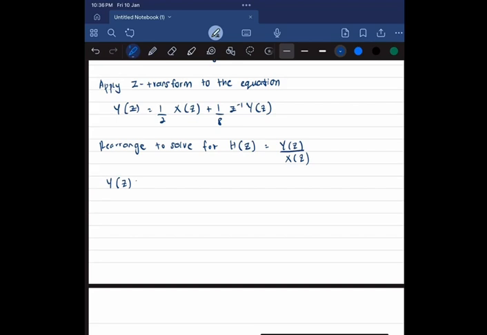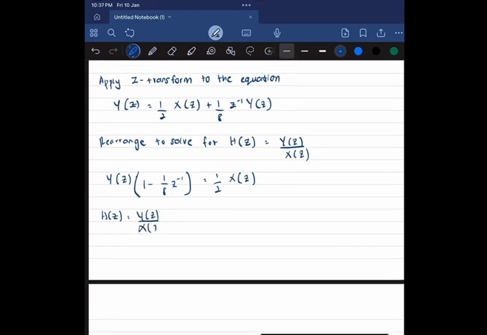It gives us Yz times 1 minus 1 over 8 z to the power of negative 1 equals 1 over 2 Xz. So we come to the formula Hz equals Yz over Xz, which equals 1 over 2 over 1 minus 1 over 8 z to the power of negative 1.